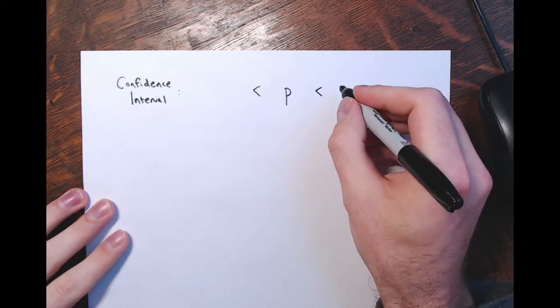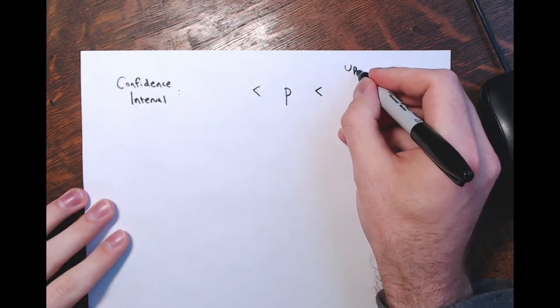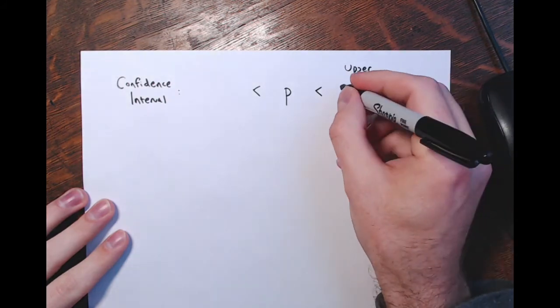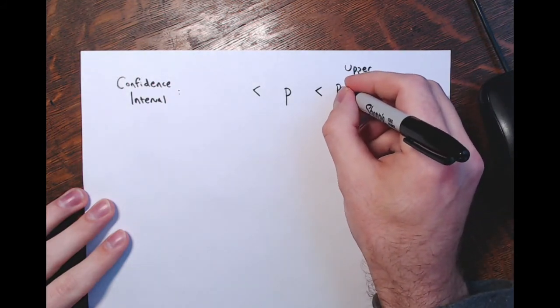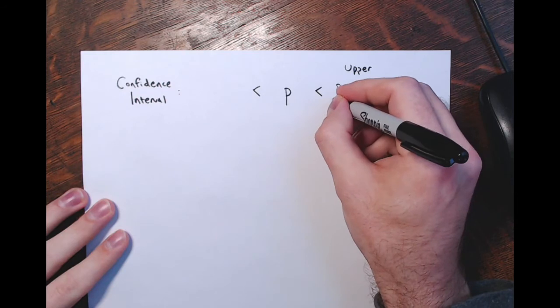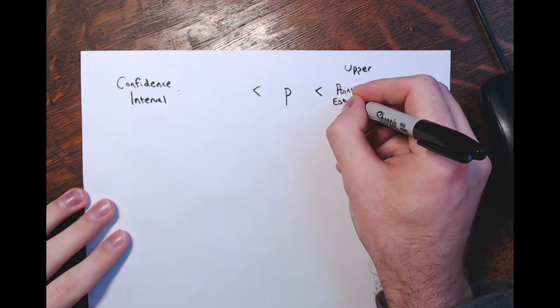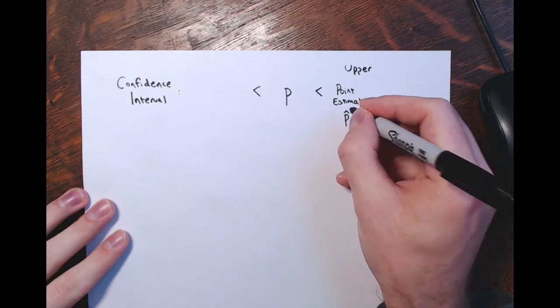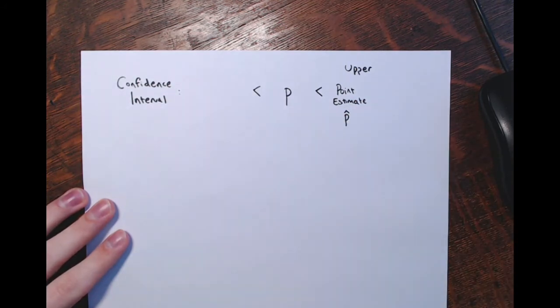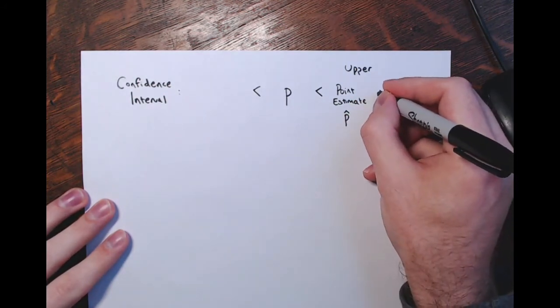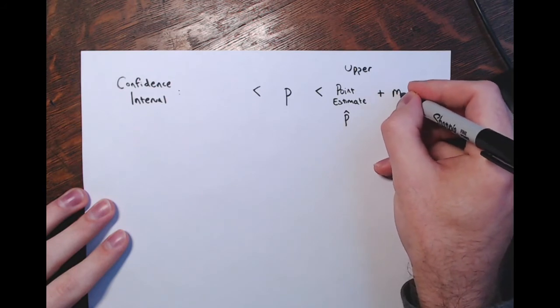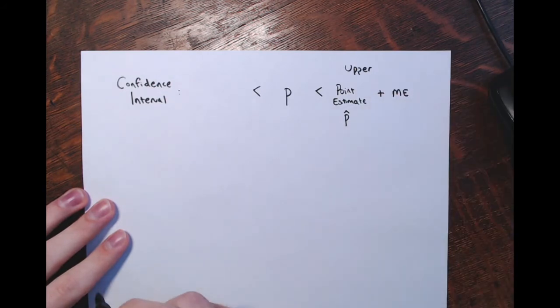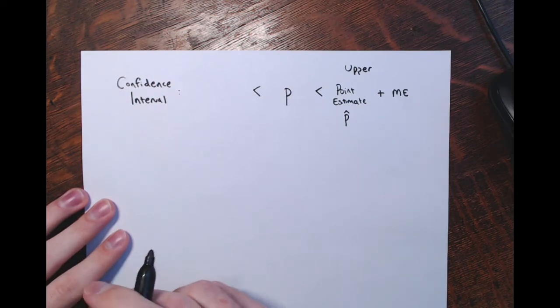The upper bound is formed by taking our point estimate, a single value from the sample, in this case the p hat, the sample proportion, and adding the margin of error, usually abbreviated ME, MOE, or EBM for error bound for a proportion.